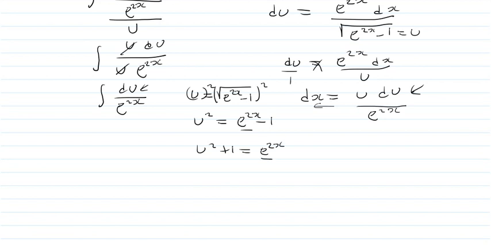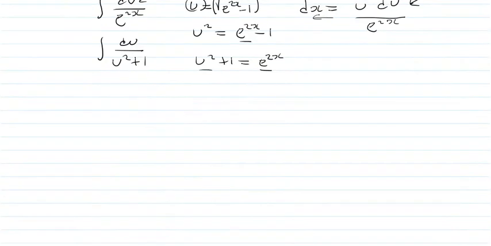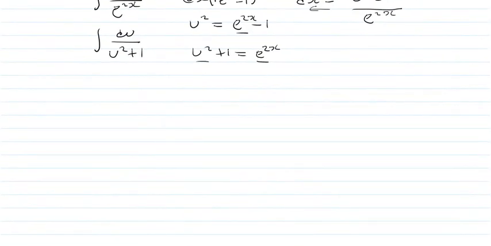Since we have e^(2x) in terms of u, we can replace it in our function. So we're going to have the integral of du over u squared plus 1. To make it clear, this is the same as the integral of 1 over u squared plus 1 du.